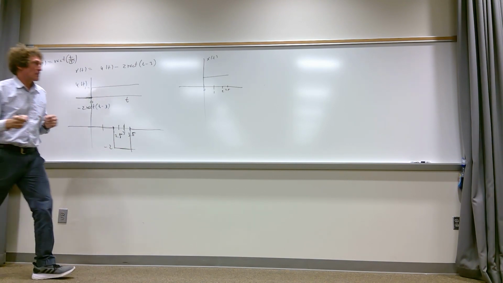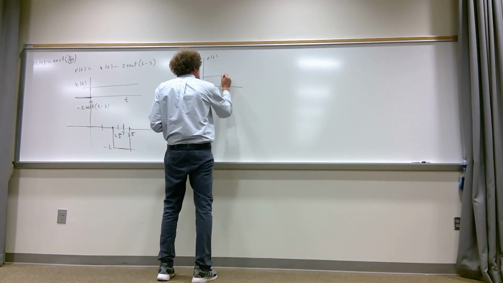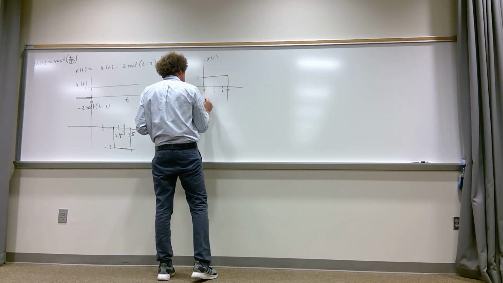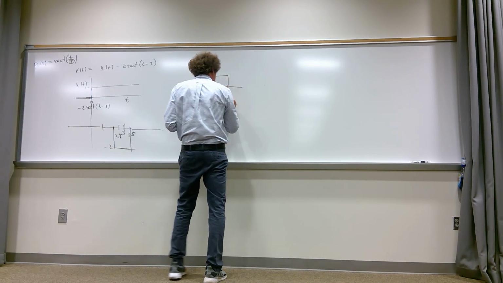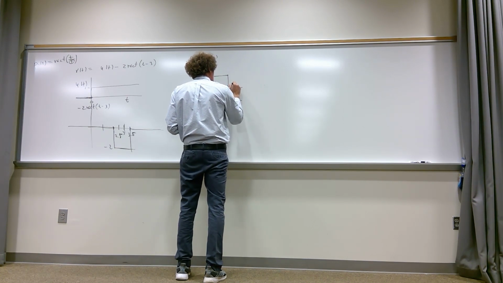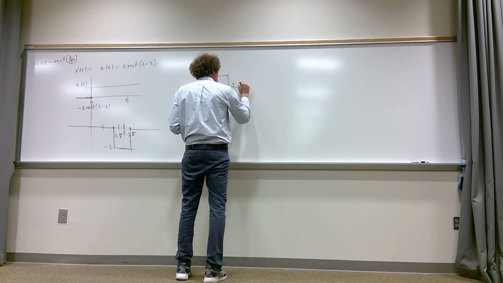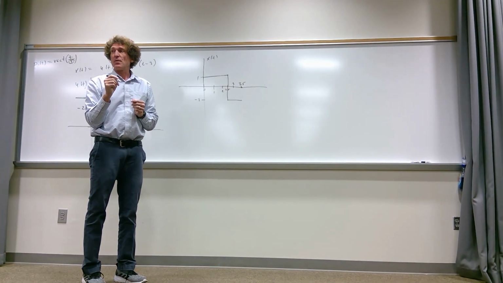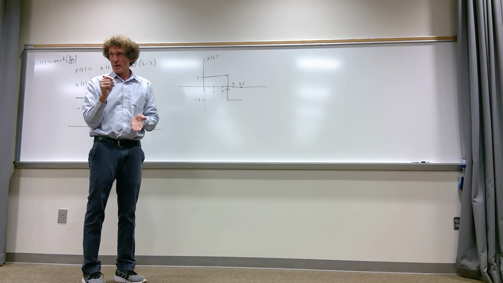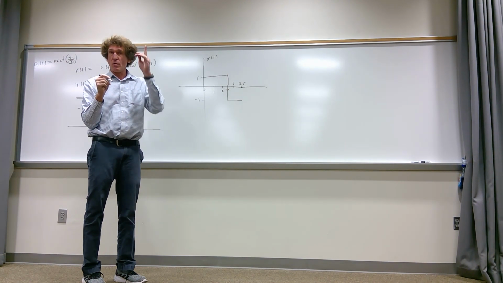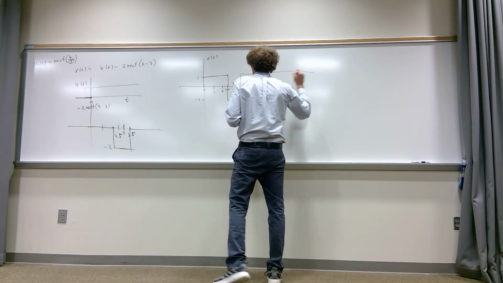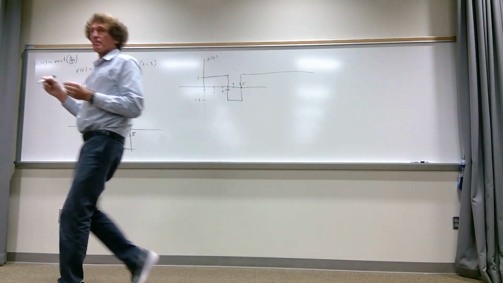Minus 1, right. Now it goes to minus 1. So here it's constant, then it drops from 1 to minus 1, and it stays there until 3.5. Then what happens? Goes up to 1, and it stays there forever. So that's what my x of t is. Do you all agree with that?